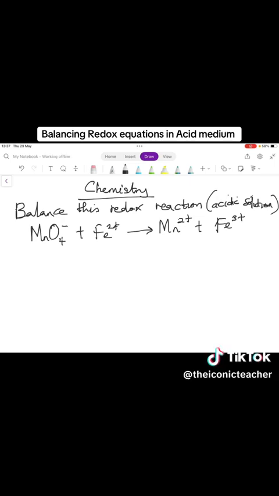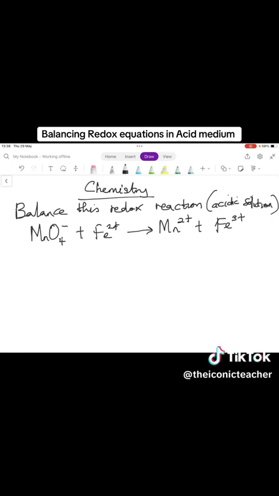The first thing we need to do is determine which of these species is undergoing oxidation and which one is undergoing reduction. Iron is undergoing oxidation. Why? Because iron's oxidation number has increased from +2 to +3. MnO4 minus is being reduced.